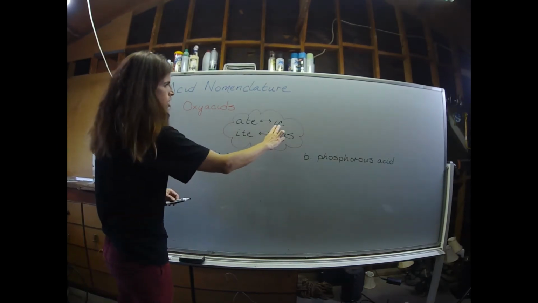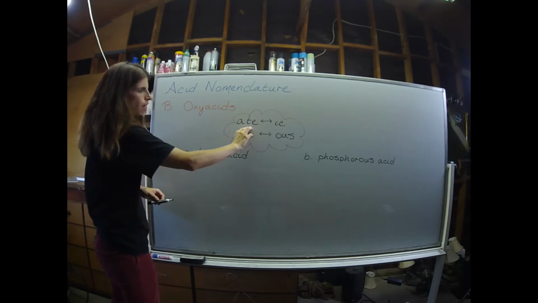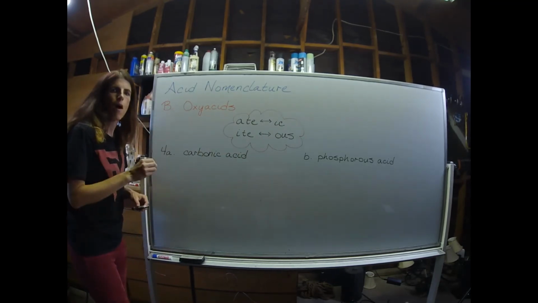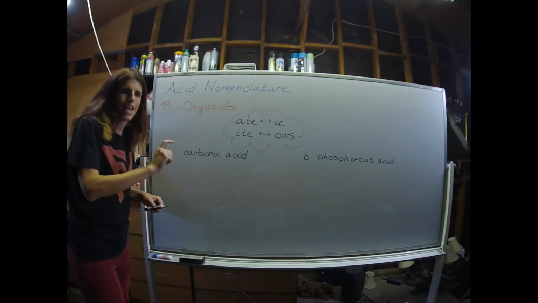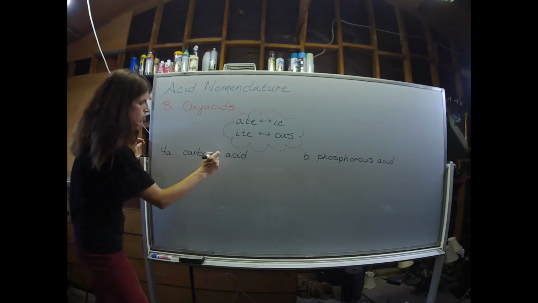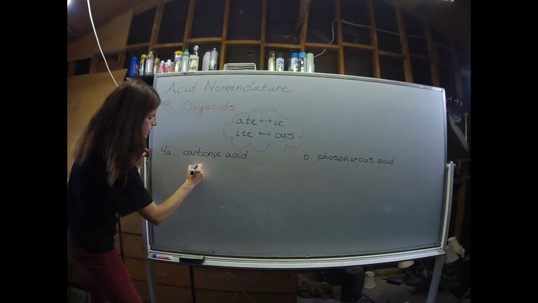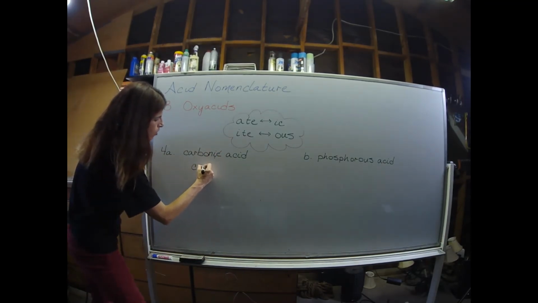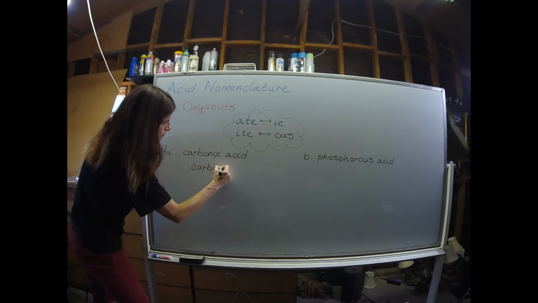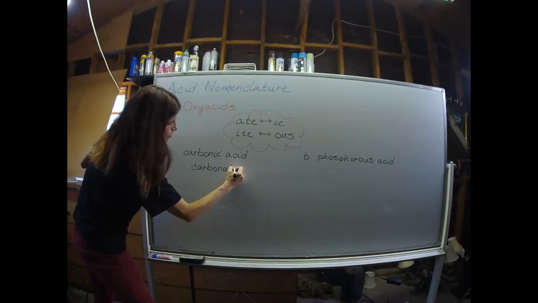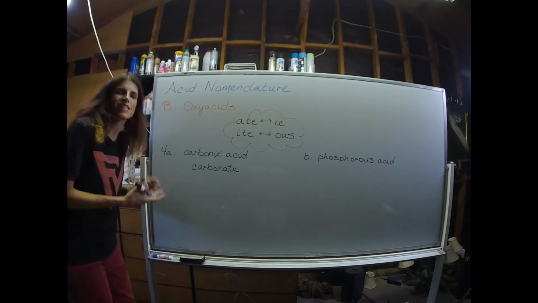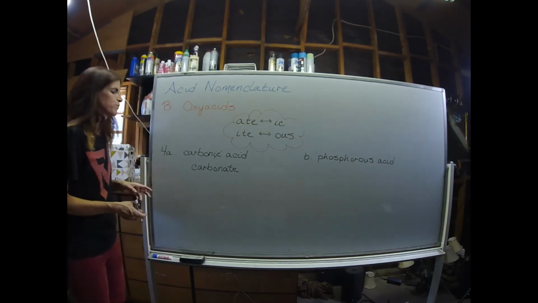But if I'm starting with ic, that means that it came from a polyatomic ion with an ate ending. So if I cross out the ic, I'm thinking about carbonate. This is a super cool acid because it's the acid in soda.